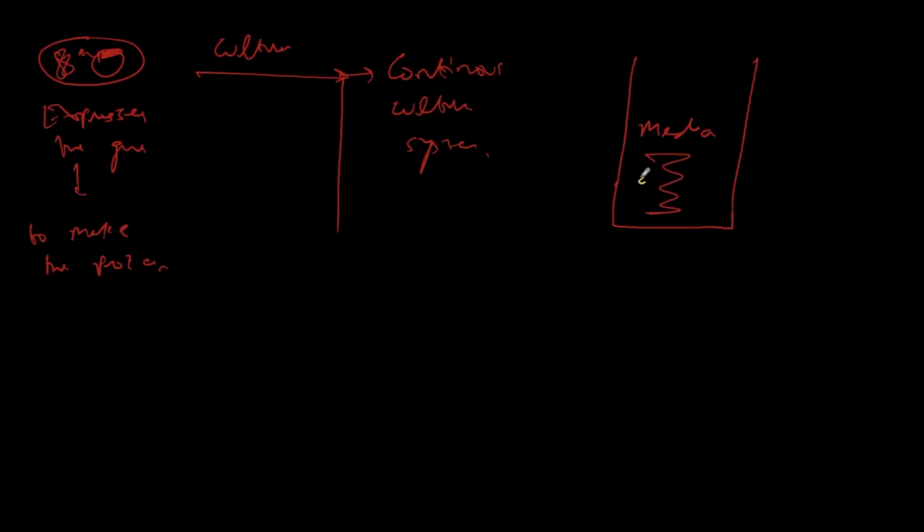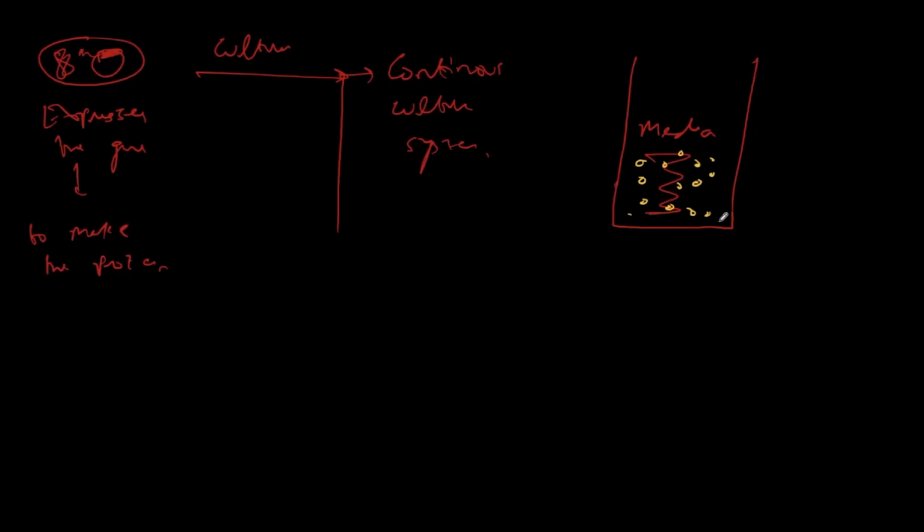Second, we add the cells, the bacteria that has our gene of interest, and then we basically culture them. In the continuous method, since we have to keep the bacteria for a longer period of time, we will grow them for a duration that depends on the type of protein that we want, and then we let them grow.